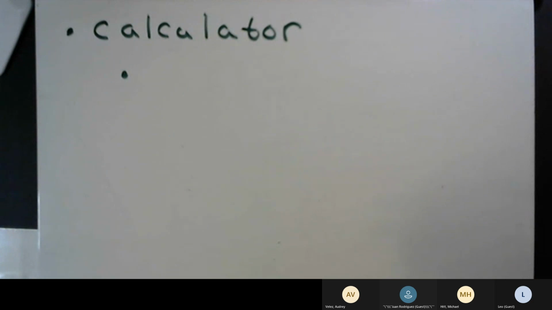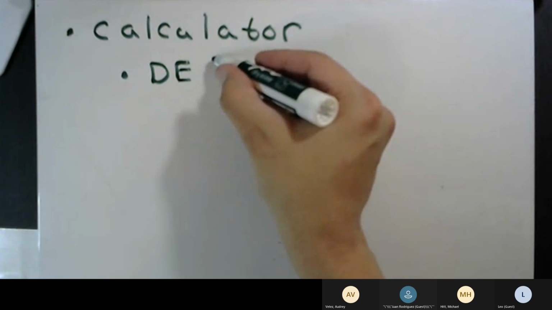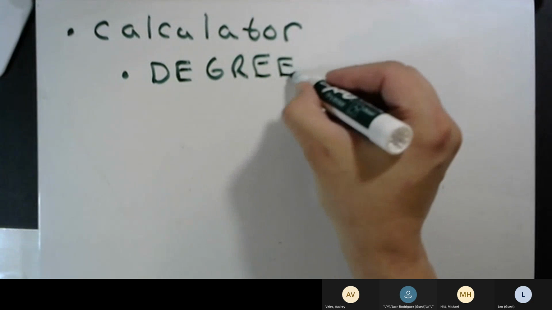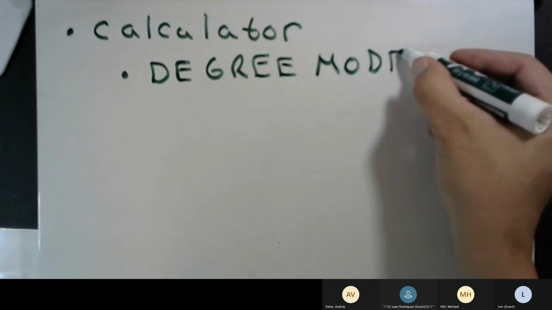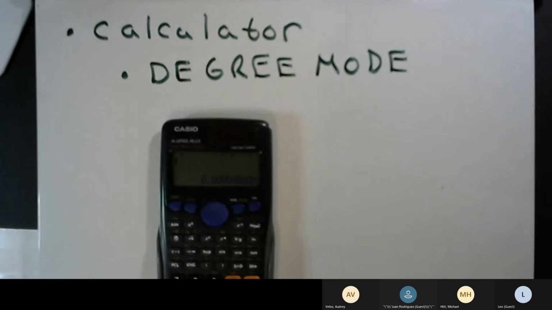The first thing to keep in mind is you need to be in degree mode if you're working with degrees. For us, we're going to be in degree mode. That's a key thing on your calculator. You want to make sure that's what's going on.